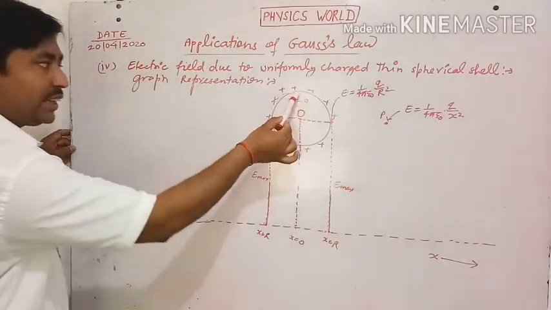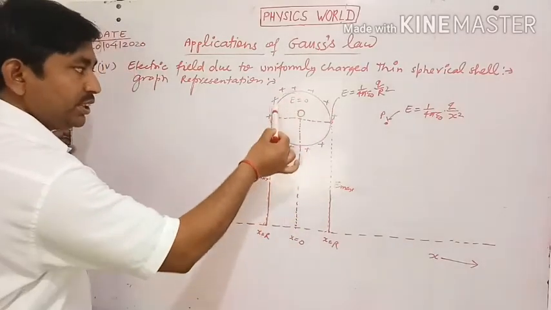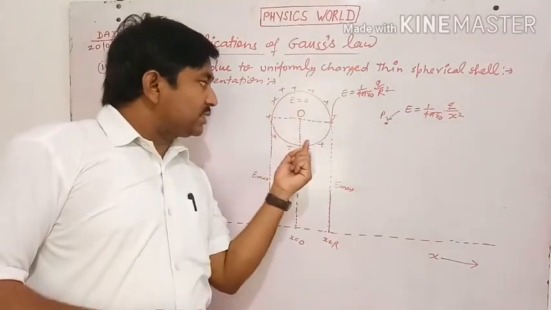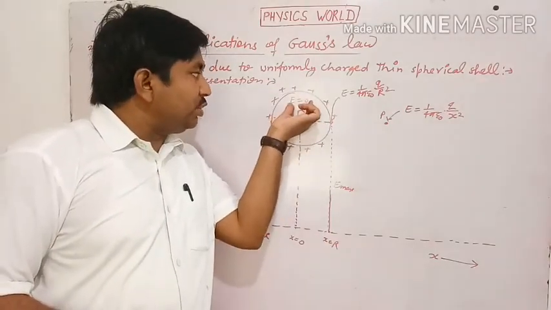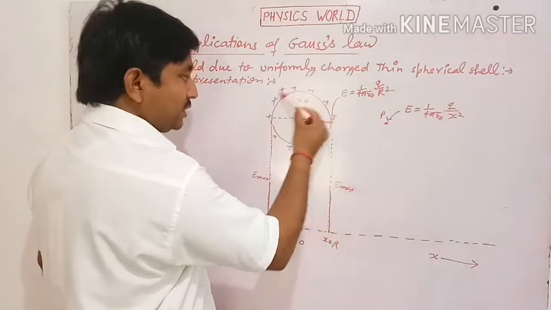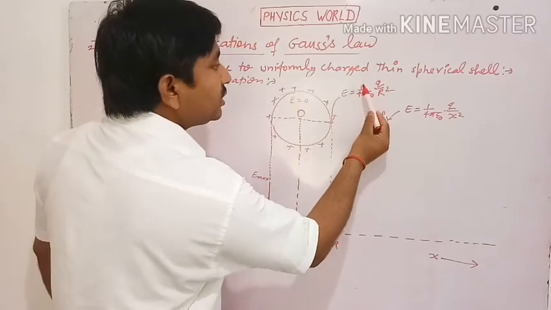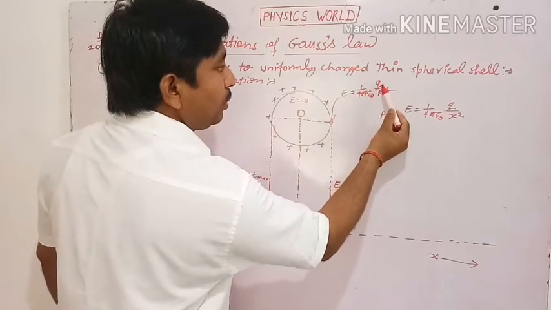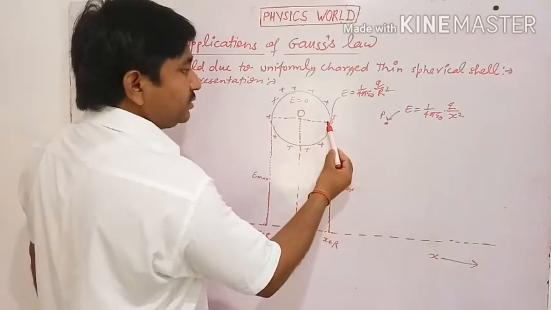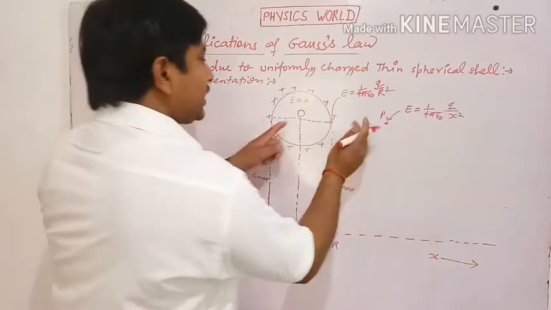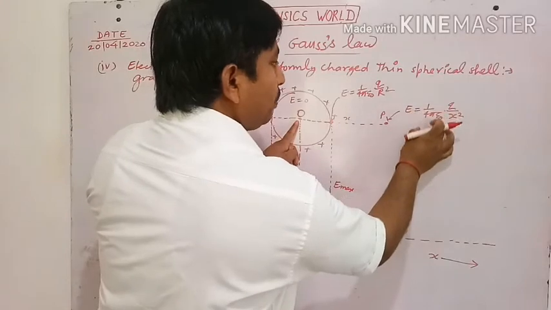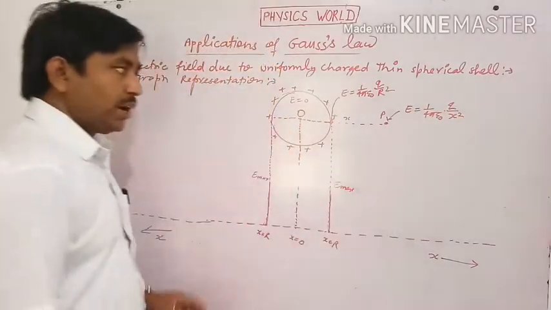Now this is the thin spherical surface which is uniformly charged, and the electric field inside it is 0. The electric field at any point on the surface is 1 upon 4 pi epsilon naught q upon r square, and at any distance x from its center it is 1 upon 4 pi epsilon naught q upon x square.